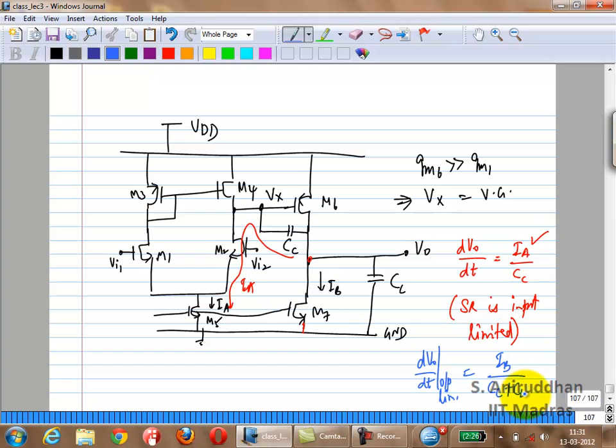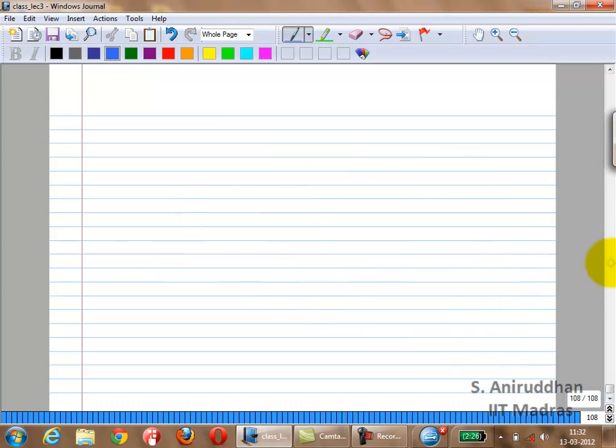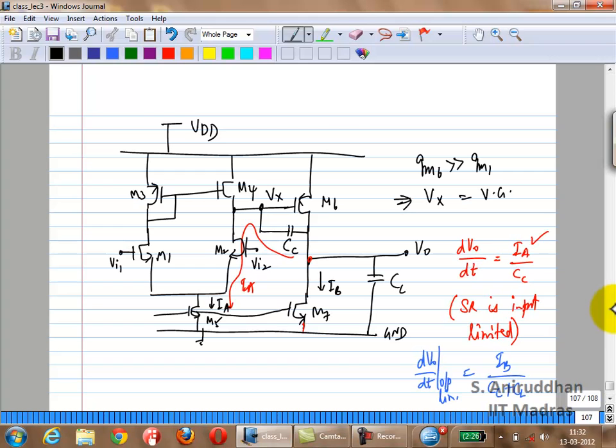Based on these two conditions, you can find out IA and IB, because once you are given that the slew rate needs to be much larger than a certain spec, you can calculate the values of IA and IB. So now we want to calculate IA and IB.